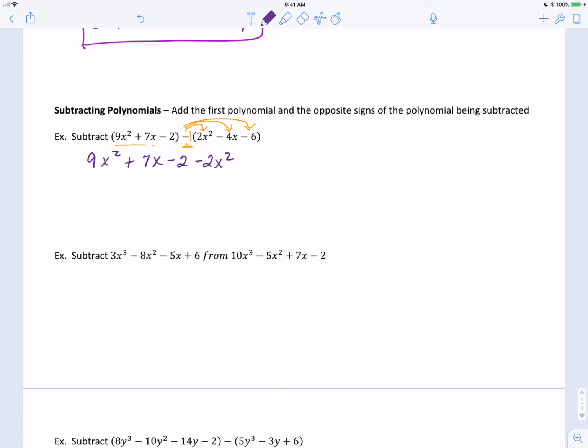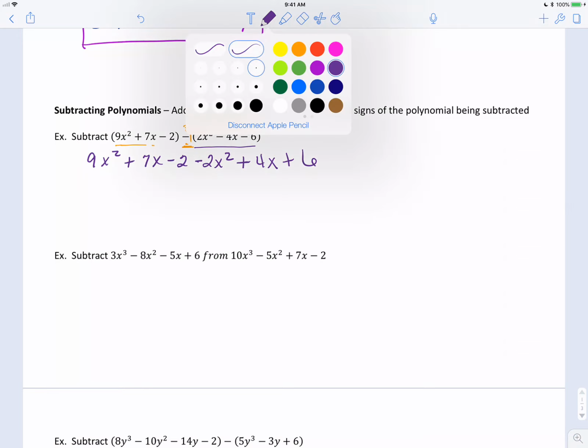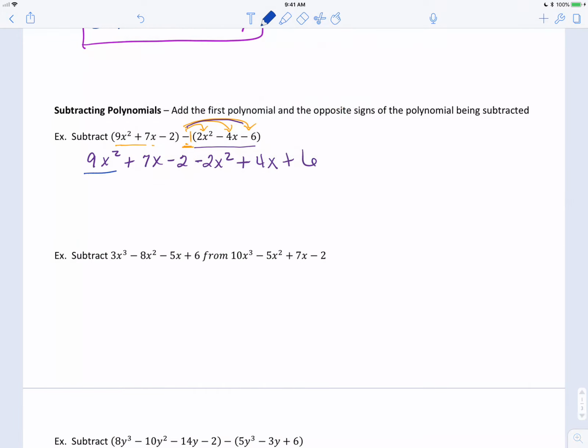If I distribute it to that 4x, it gives me a positive 4x, and then a positive 6 at the end. So remember that you've got to go change the signs in that second polynomial and then add like terms together.